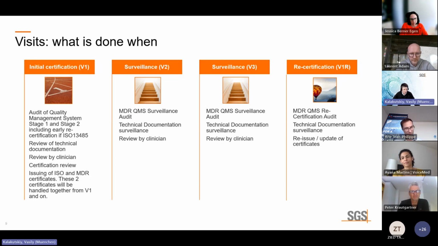Yes, we know the situation, and also the official statistics show that the number of applications is very high, and the capacity of the notified bodies still leaves a lot to be desired. That's why the recent update of the regulation now allows postponing the MDR certification for many customers till 2028, I think.